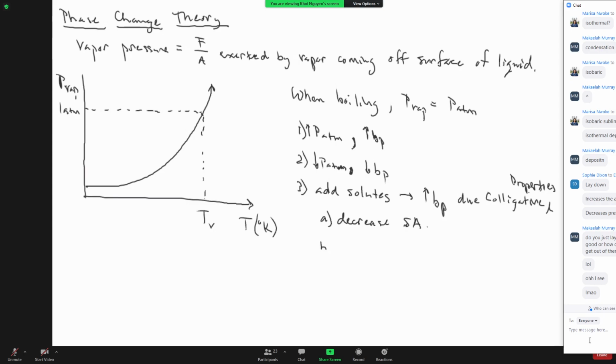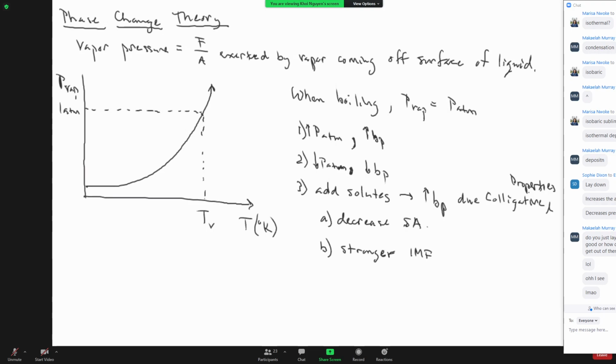And because of that, we have stronger IMFs, intermolecular forces, right? Stronger IMFs mean what? More energy is required to break those intermolecular forces and get the individual water molecules to go from liquid phase to gas phase, okay? So when you add salts to solution, you increase boiling point.